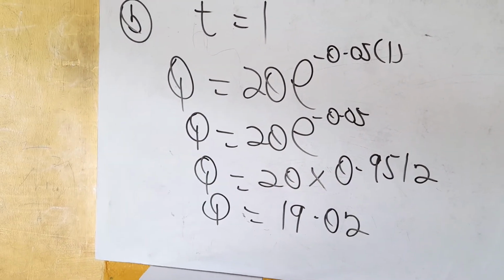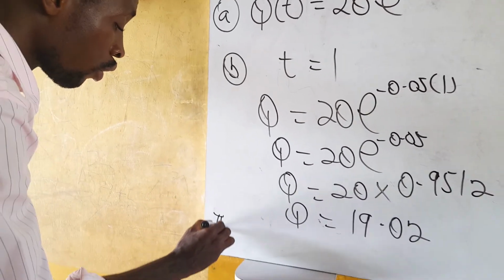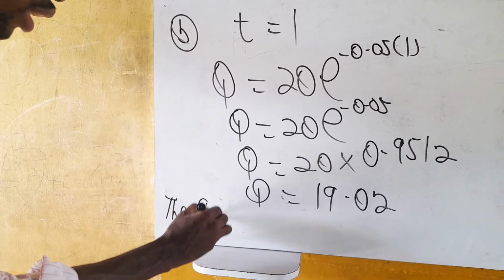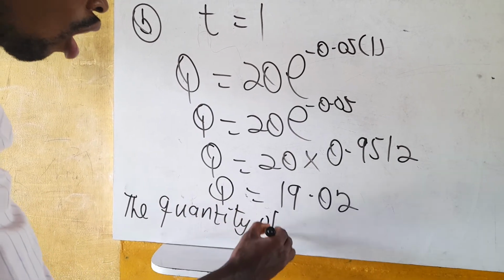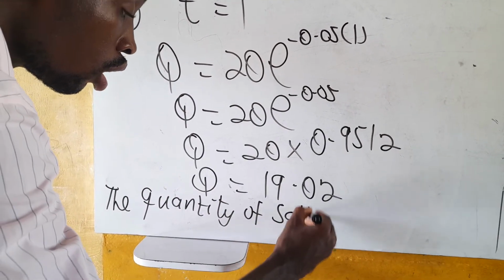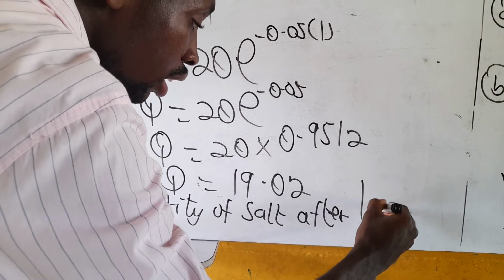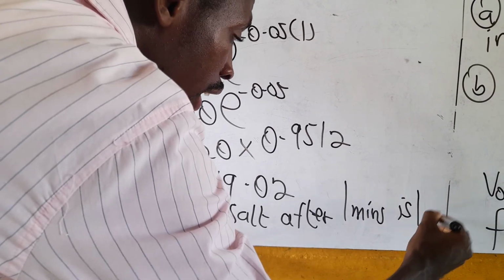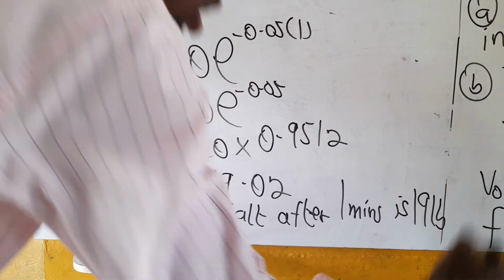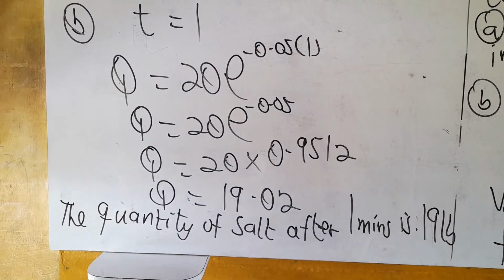So we can say that the quantity of salt after 1 minute is approximately 19 pounds. I hope you get that. It's approximately 19 pounds. So this is it.